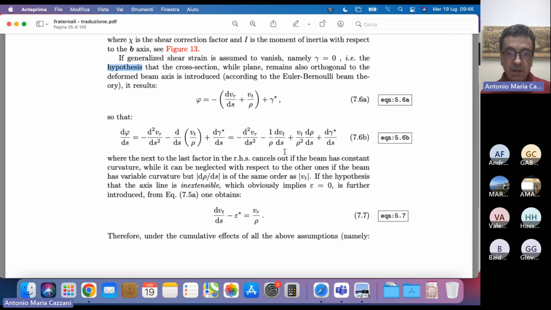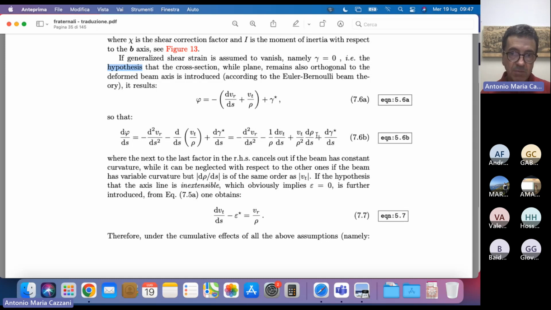And in particular, we can see the next to the last term, this one, since we have to take the derivative of Vt over R, and since both depend on S, we should take first the derivative of Vt at R fixed, and then take the derivative of R at Vt fixed, and so we get this expression.